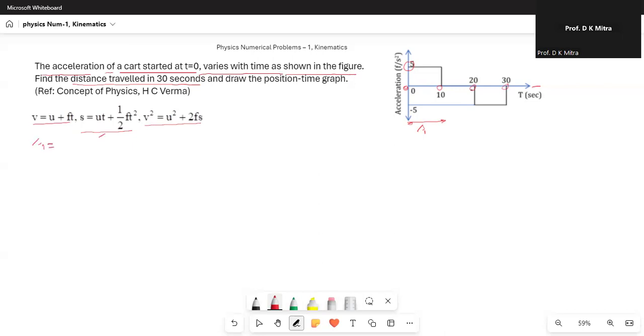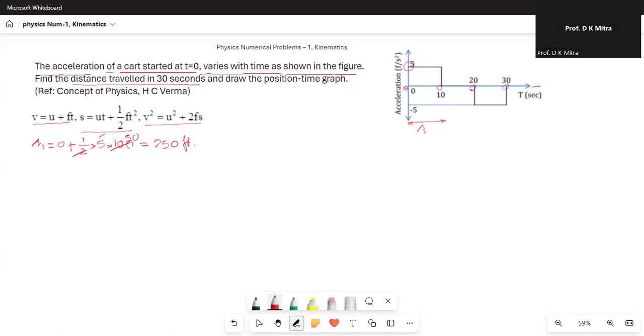S1 is equal to Ut plus half F t square. F is 5, multiplied by t square, t is 10 seconds. From here to here is 10 seconds, so 100. So this is equal to 5 into 50, equal to 250 feet. So in the first 10 seconds, it moved 250 feet.